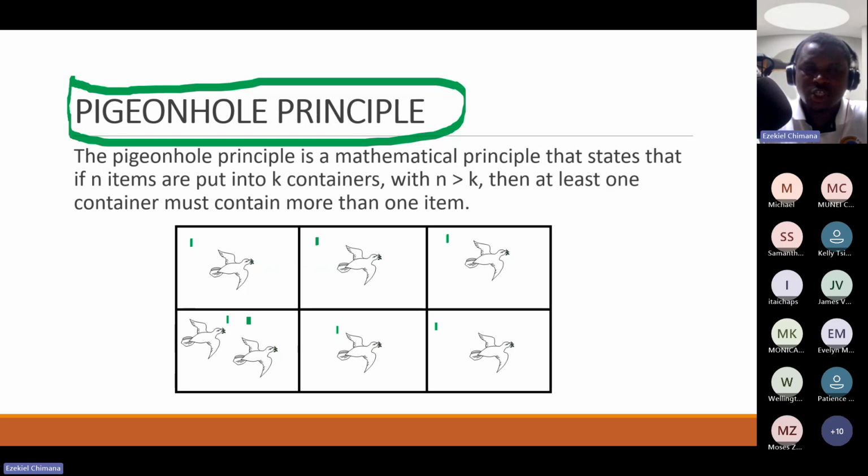To show that it is true by the pigeonhole principle, you need to state the pigeons and then the pigeonholes, and then tell us that if I try to put a pigeon on its own hole, there is always going to be a hole which is going to hold at least one pigeon. Then we are done. That's what we are supposed to do on this topic.